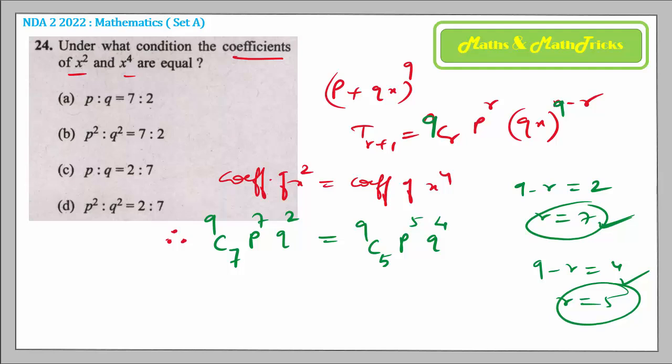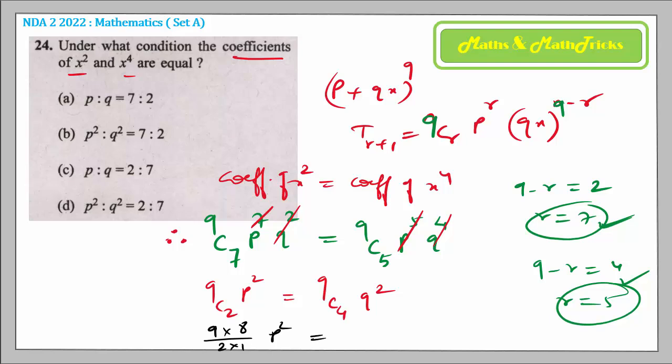So you can see that 9C2 and 9C4, you have to simplify. From p^7 you reduce p^5, p^2 remains, and from q^2 and q^4, q^2 cancels. So there remains 9C4 q^2. You know how to calculate 9C2. 9C2 is 9 into 8 by 2 into 1.